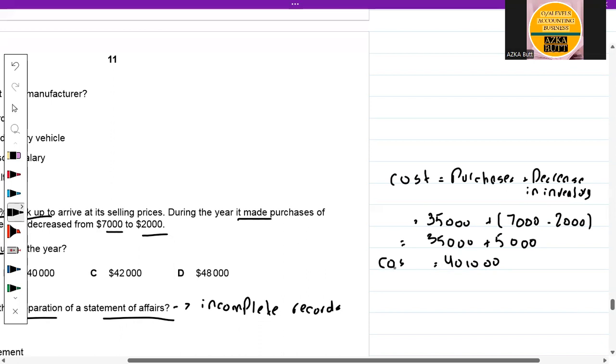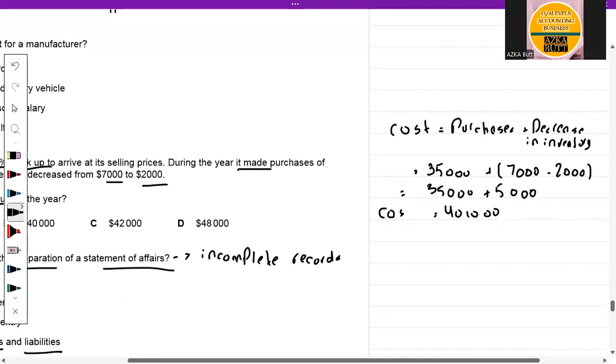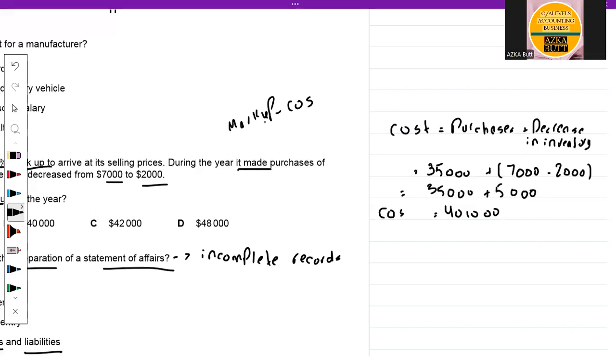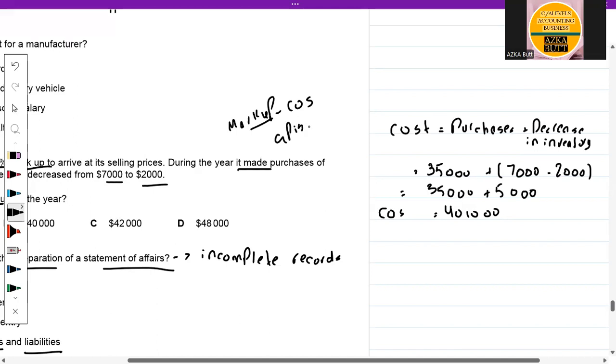Since the business uses a 20% markup, the selling price, or revenue, is 120% of the cost of goods sold, because we know that markup is always applied on the cost of sales. Markup of 20% means that your GP is 20% of cost of sales.